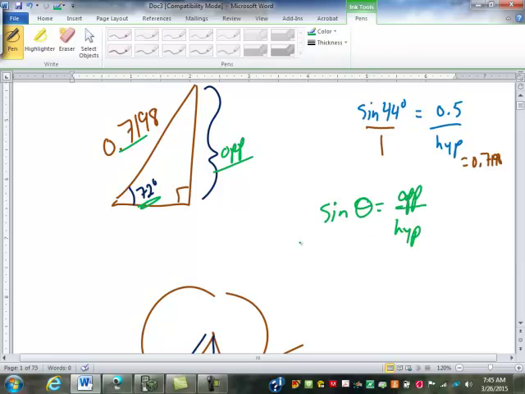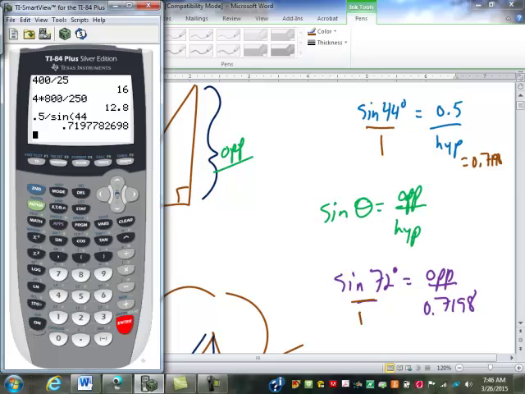So we got sine of 72 equals opposite over 0.7198, and put it over 1. So you got sine of 72 times 0.7198. I got 0.6845.